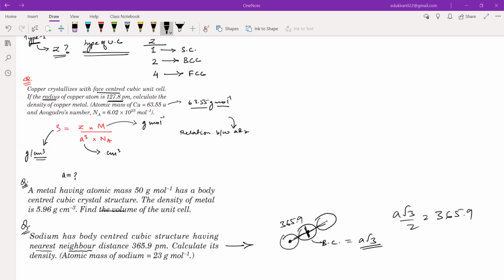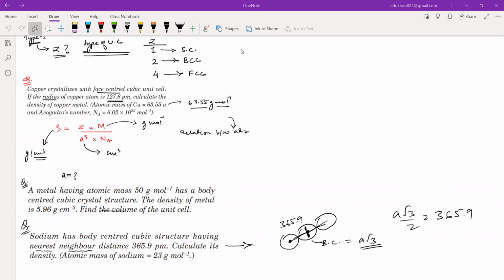Second question. What is the second question? Metal having no volume. Okay. Maimuna, are you using a calculator?